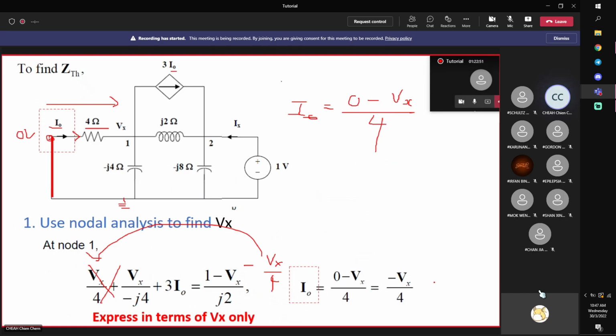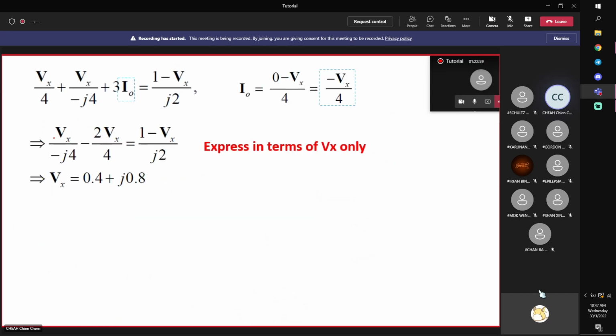Eventually you will still get this one, and we substitute this into here. You get an equation with Vx only, because you have only one unknown. You only need to take KCL at the unknown nodes and express everything in terms of Vx. If not, like I0, trace back and relate to Vx, then substitute into here.